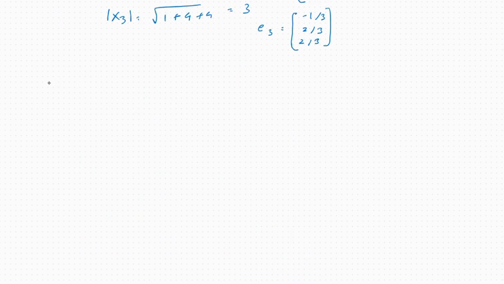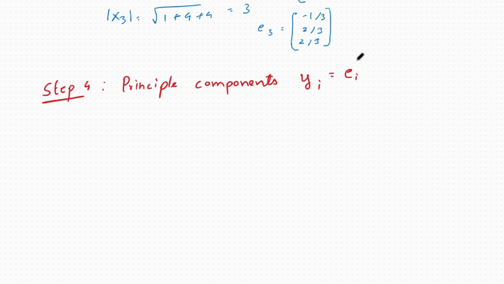Now the fourth step is to find principal components. Principal components can be found by using yi is equal to ei transpose x. So ei is nothing but the normalized eigenvector.